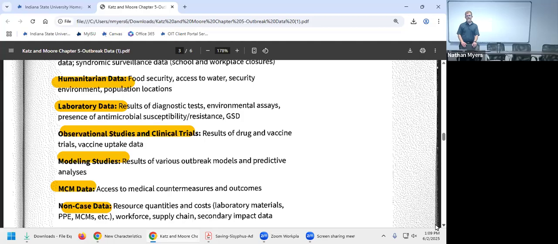Modeling studies, looking at different outbreak models and predictive models. If you look back at the COVID-19 pandemic, and if you Google COVID-19 models or data models, there were a lot of different organizations trying to model how significant the effect of COVID-19 was going to be on the United States.